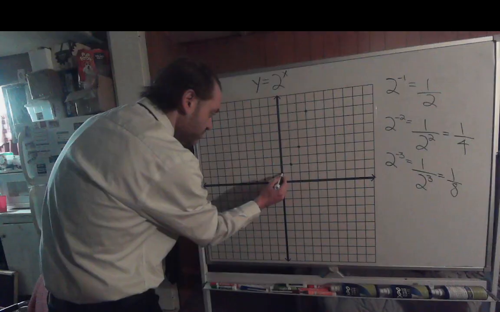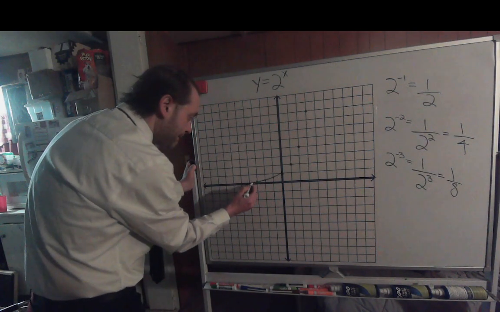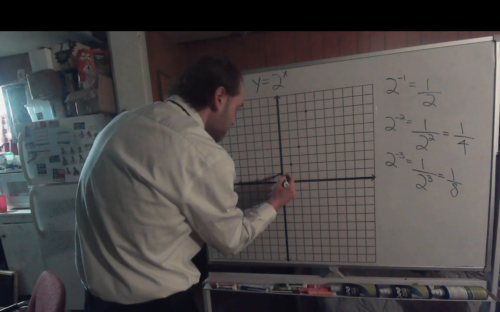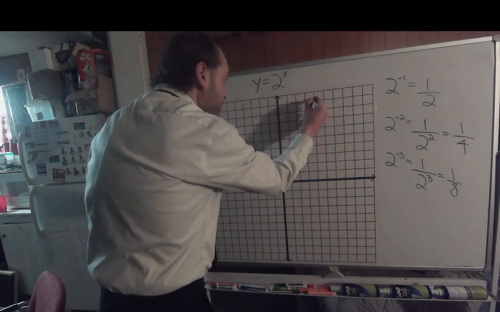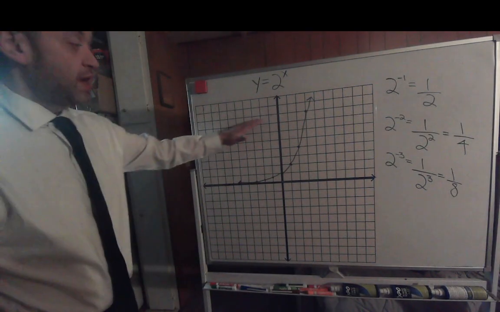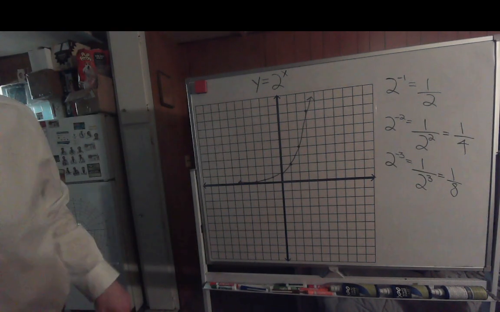We have sufficient points to graph this now. And let's go this way here. And what do you know? That is roughly what the graph of y equals 2 to the x looks like.